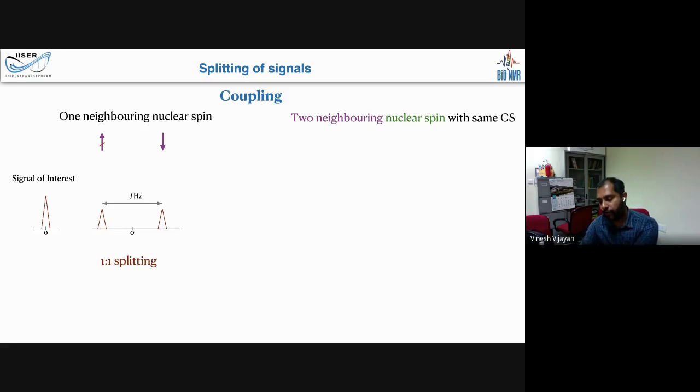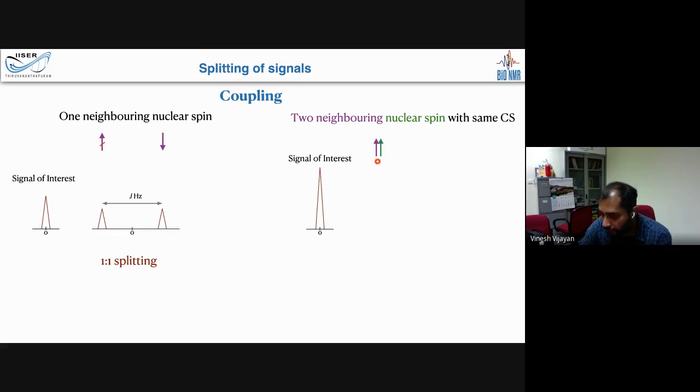If you have two neighboring nuclear spins with the same chemical shift, this is how it goes. Your signal of interest, if there is no coupling partner, will be at zero frequency. Now there are four possible states. I denote the two neighboring partners: one in purple, the other in green.